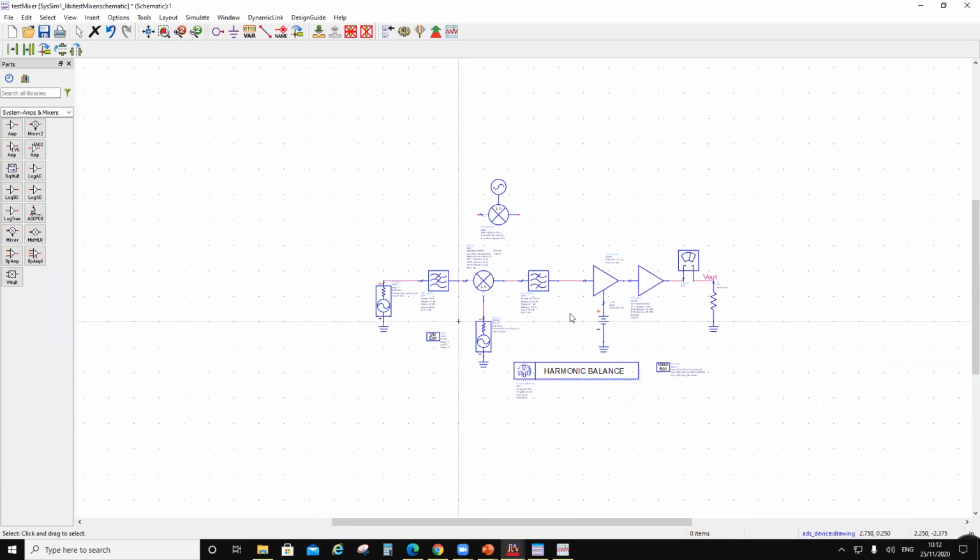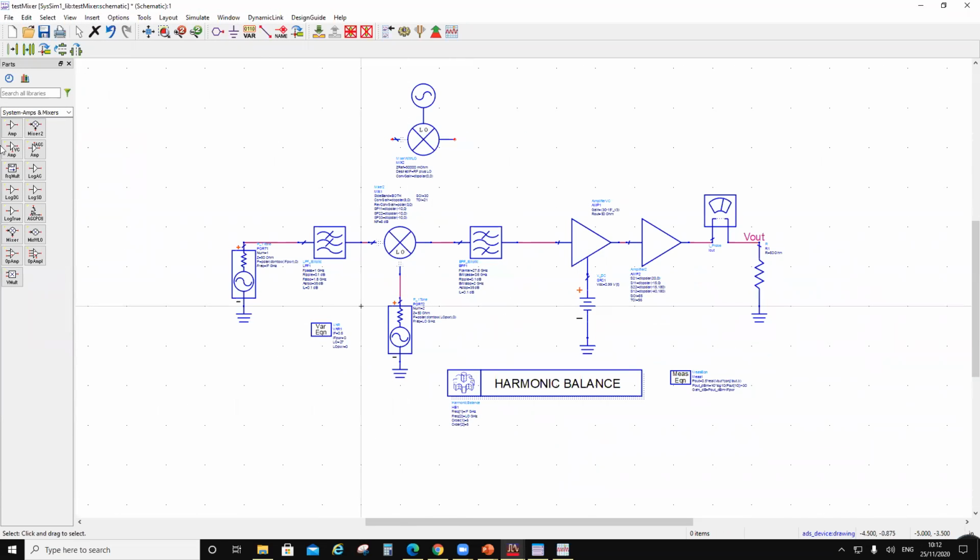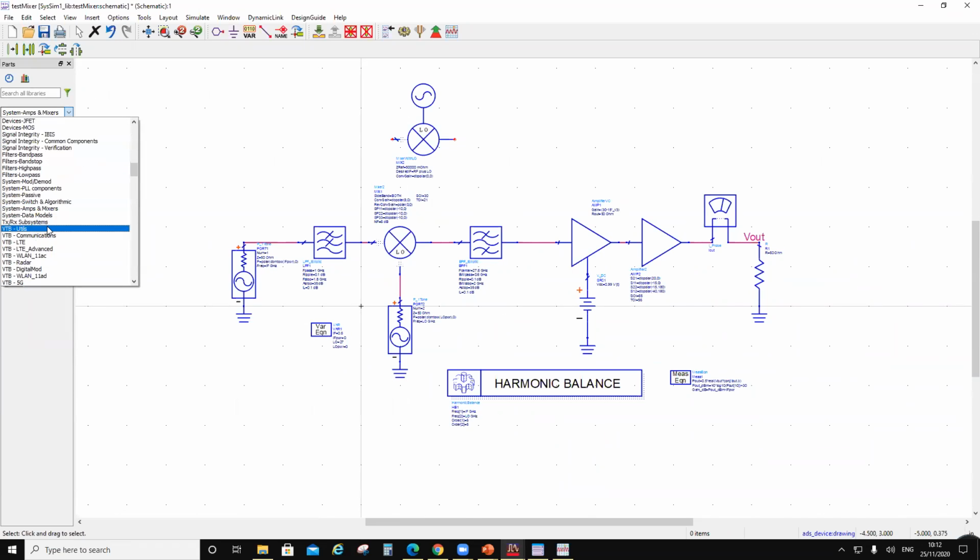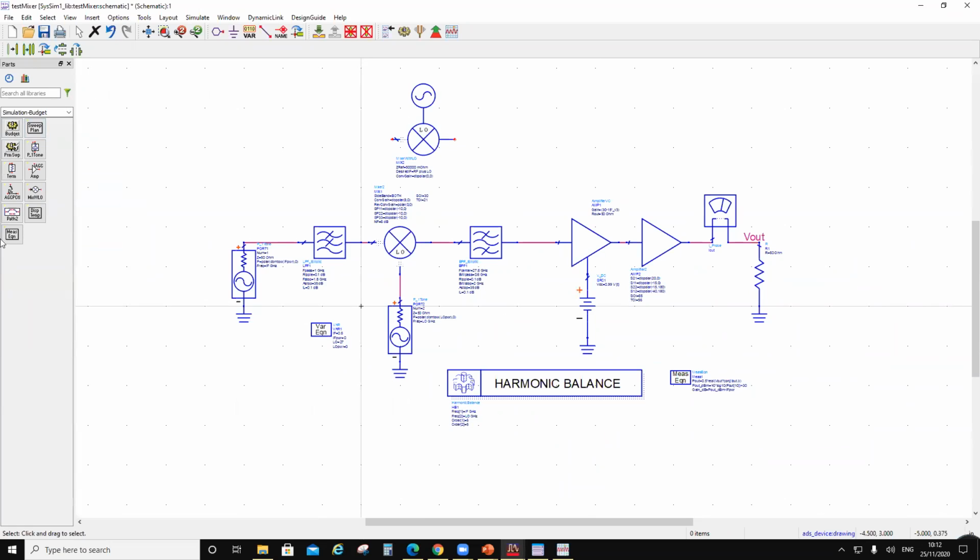Now, why am I doing this? Because of the budget analysis which you do here. If you go to simulation, you will see something called budget. The way this is done, it is assuming that all the components are going to have 2 terminals only.